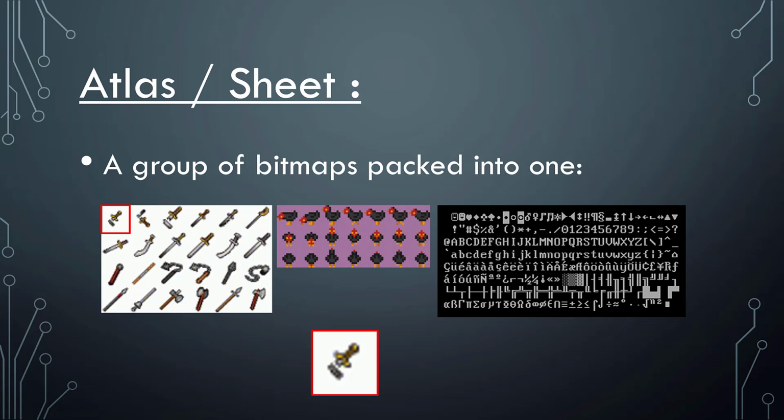If we want to get a different image that is stored within that sheet, which is called a texture sheet or a sprite sheet or atlas, we know which image is stored at which offset.